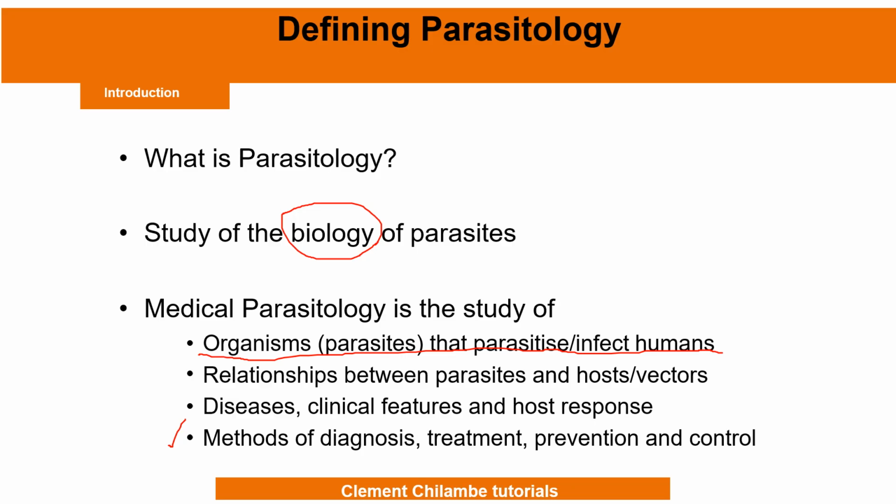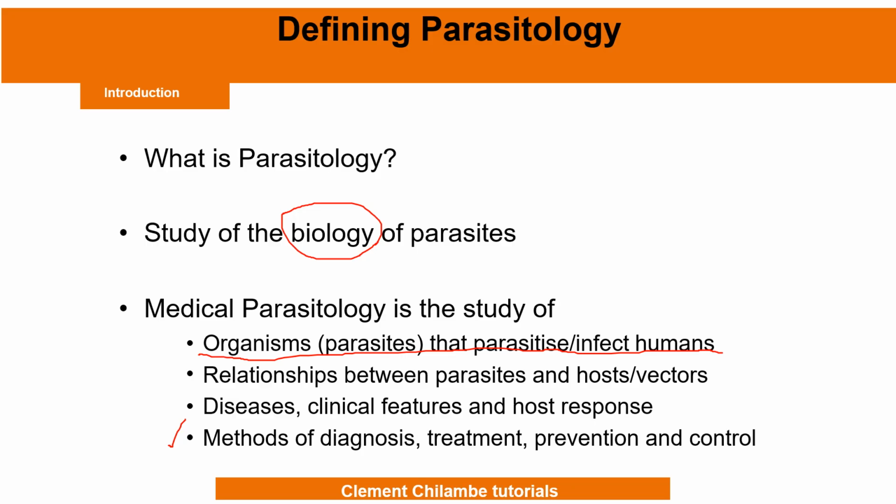Since we know that the clinical features, the host responses, and the diseases tell us something, we go further to discuss the methods of diagnosis, the treatment, the prevention, and the control. Once you know all these four components, then you are good to go on that particular parasite that you are looking at.